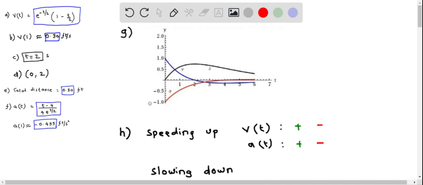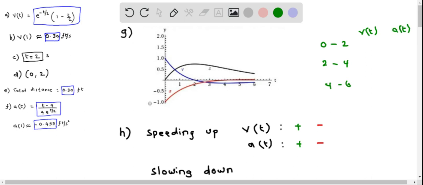And let's determine this from the graph of the velocity and acceleration functions. We can split this into three intervals, that is from 0 to 2, 2 to 4, and then 4 to 6. Let's determine the signs of the velocity and the acceleration.